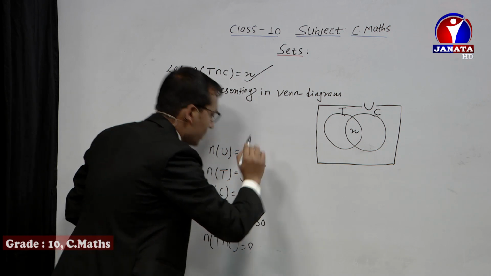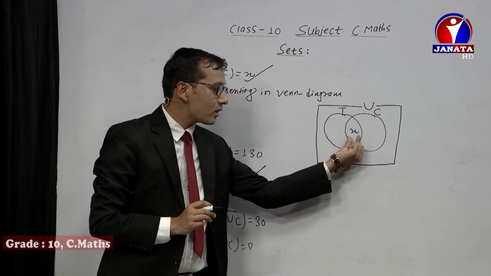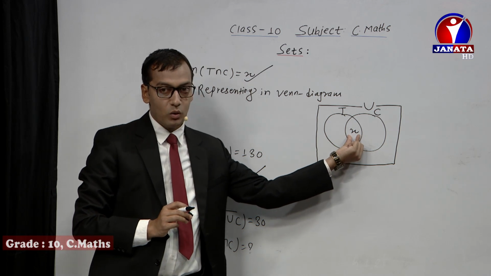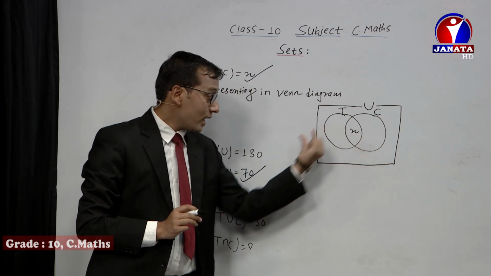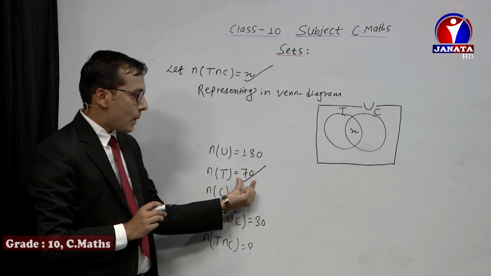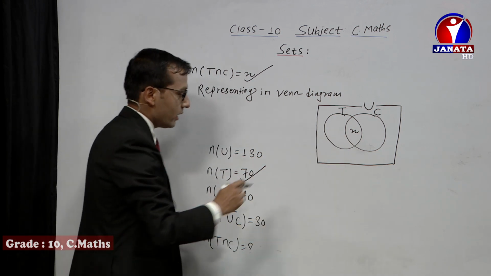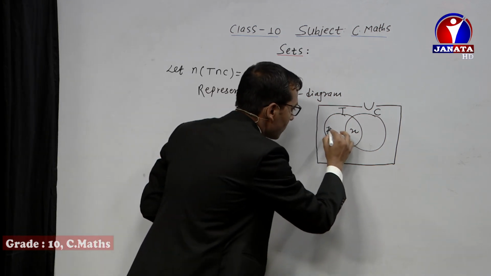Total n of T is 70. Out of 70, we have inserted X in the intersection. Now what is n only T? n only T is the total n of T minus the intersection, so this is 70 minus X.